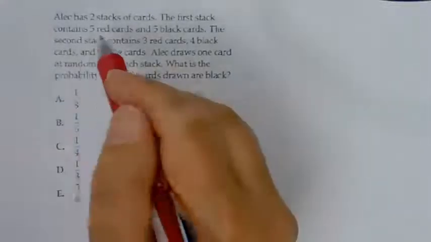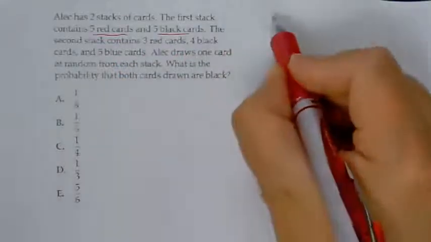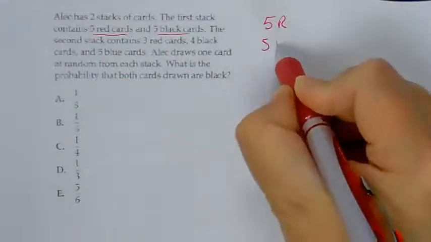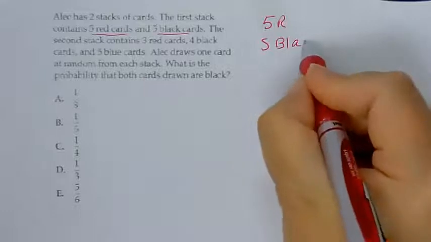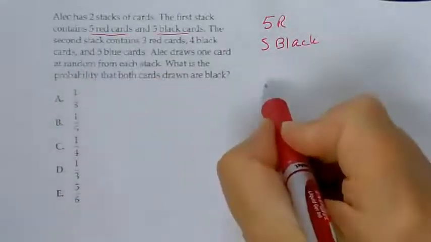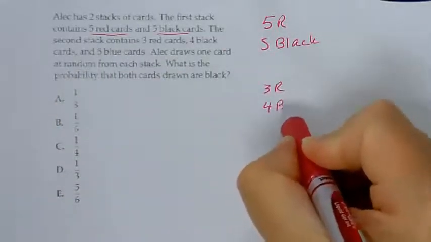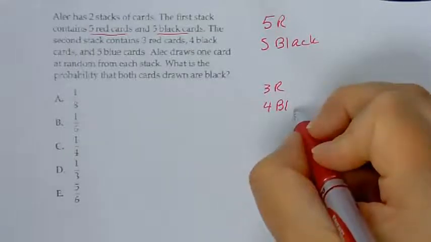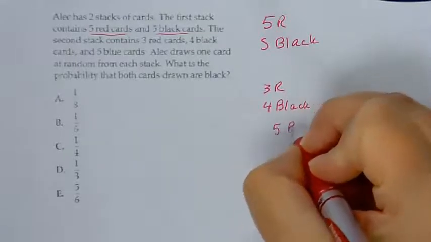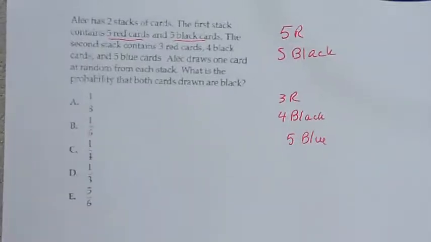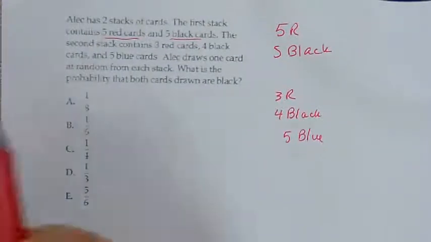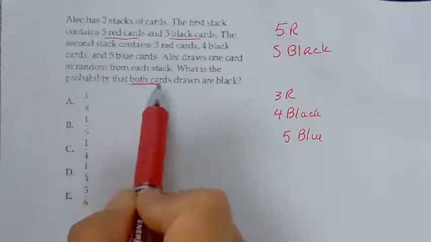A couple more ACT type probability questions. Alice has 2 stacks of cards. The first stack has 5 red and 5 black. The second stack has 3 red, 4 black, and 5 blue. Alice draws 1 card at random from each stack. What's the probability that both cards are black?